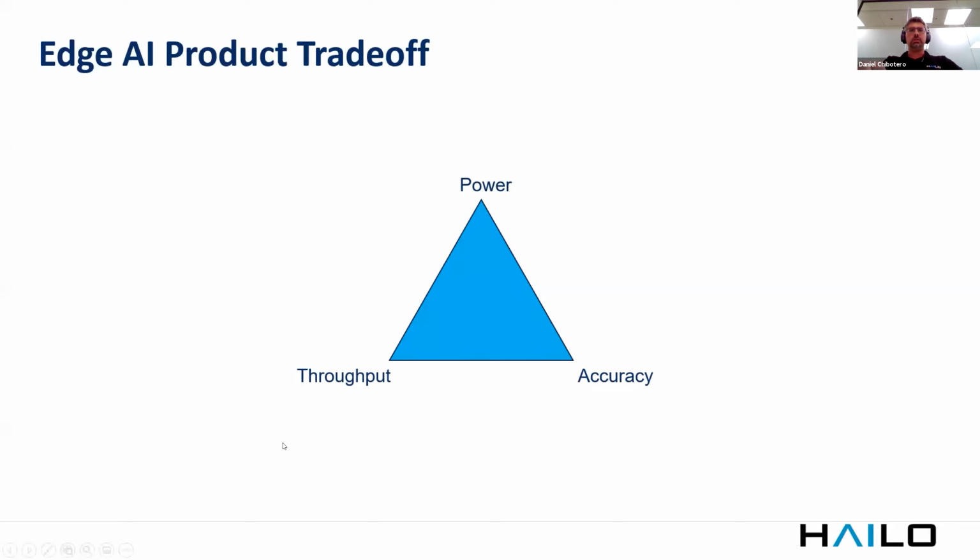You always trade off between the product's throughput, the product's power consumption, and the product's accuracy. And in the next slide, I will try to show how Hailo 8 meets different product trade-offs for some requirements we get from our customers.